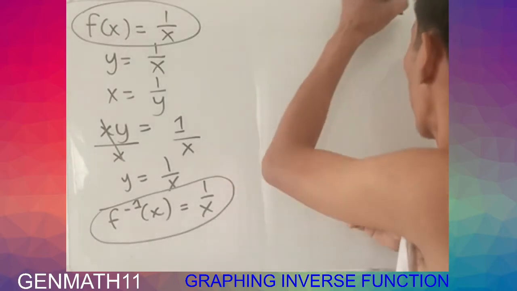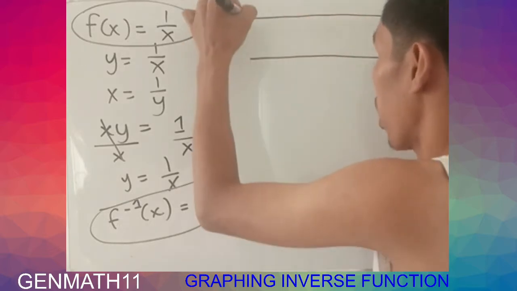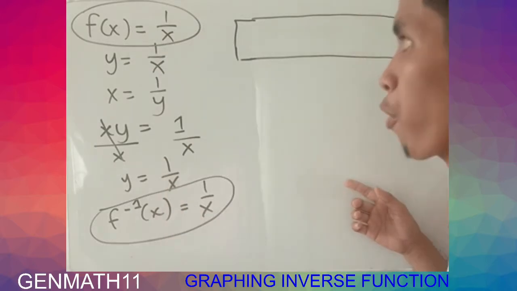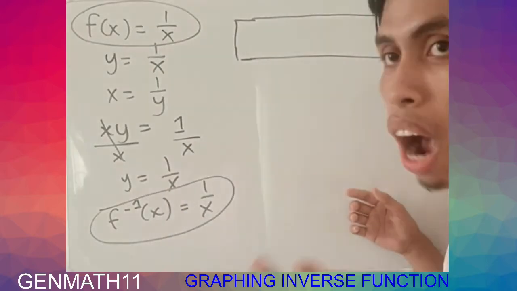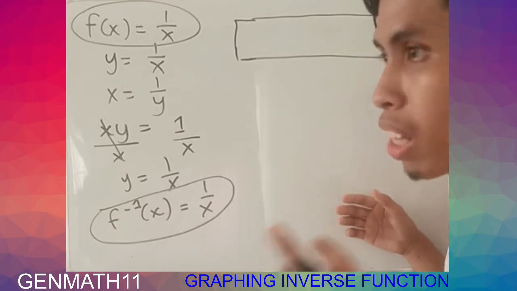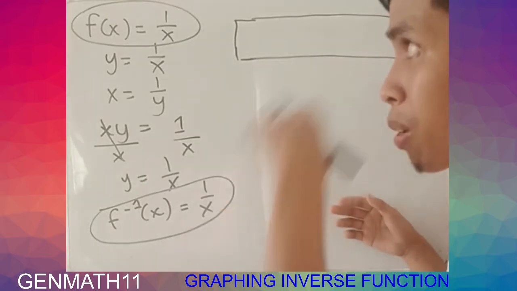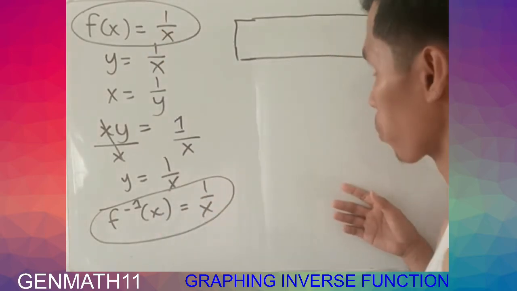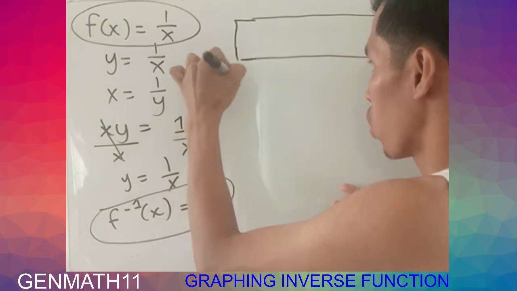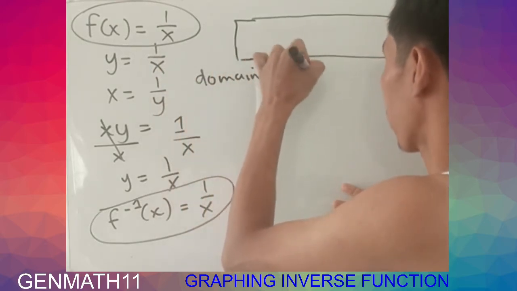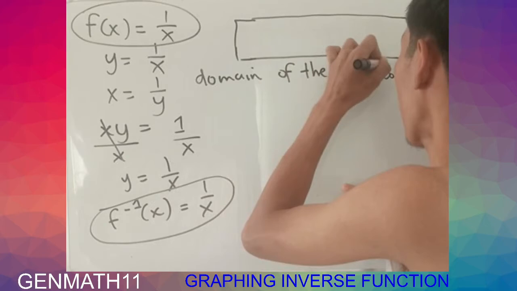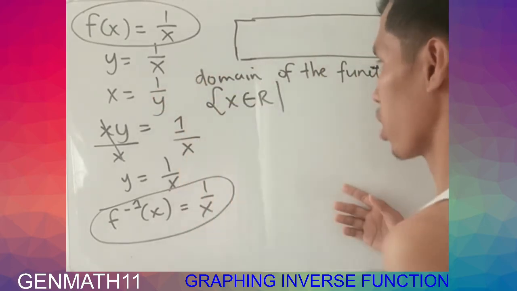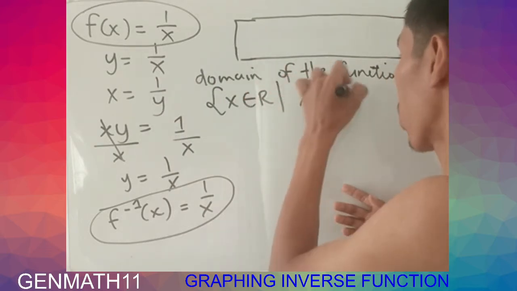Okay, so let's try. We will create a table of values based on the function, f of x equals 1 over x. Our x cannot be 0. So, the domain of the function is all real numbers, x a set of real numbers such that x is not equal to 0.